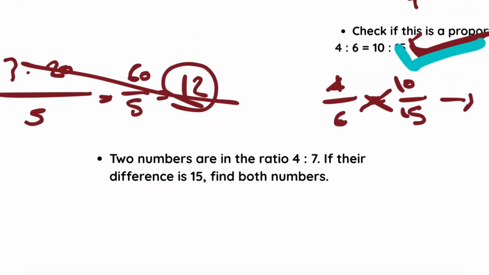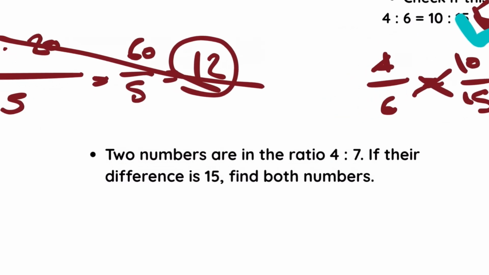Two numbers are in the ratio 4 to 7. If their difference is 15, find both numbers. So I have the ratio 4 to 7, and the quantities of the parts of the ratio, I can name them as 4k and 7k, right? Their difference is 15, the difference of these two.